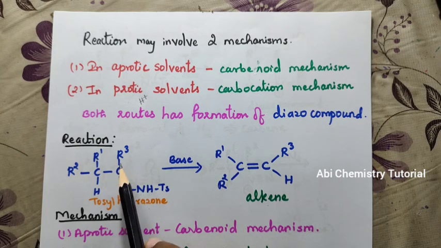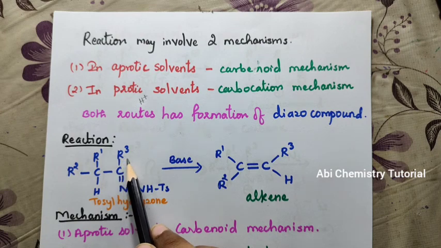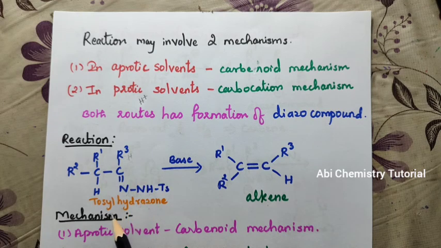If this R3 is an alkyl group, it is a tosylhydrazone of a ketone, and if this R3 is a hydrogen, then this is a tosylhydrazone of an aldehyde. So in general, tosylhydrazones when treated with a base will give an alkene.